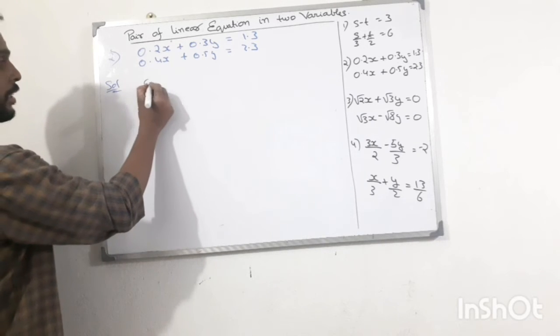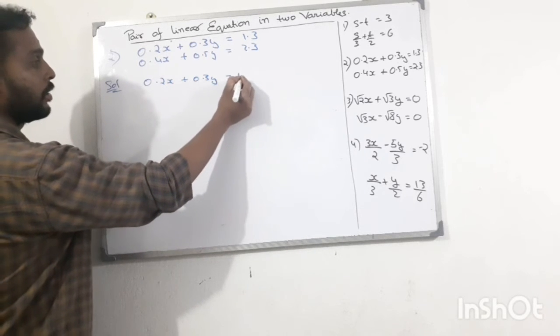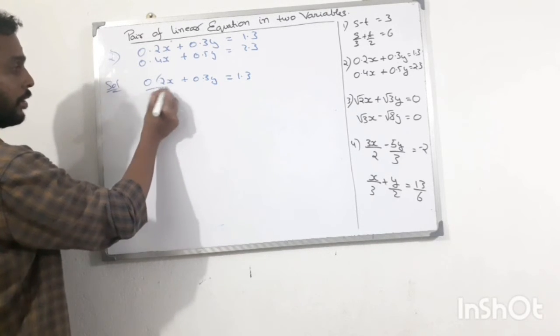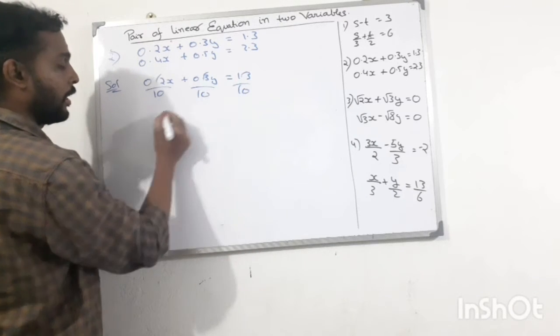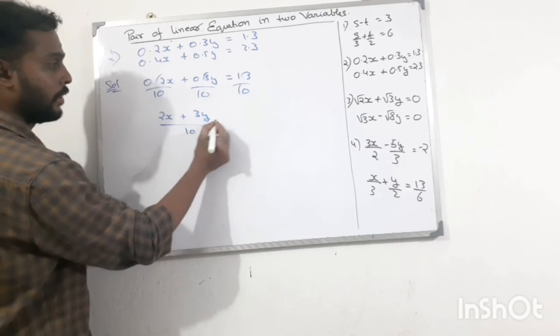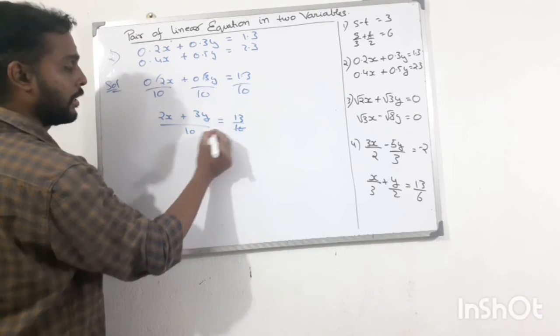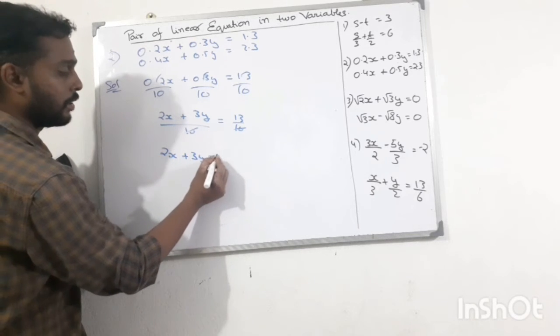We can write this question as 0.2x plus 0.3y is equal to 1.3. So removing this decimal point by multiplying by 10, we can write it like this: 2x plus 3y by 10 is equal to 13 by 10. So cancel 10, 10. So we got the equation 2x plus 3y is equal to 13.